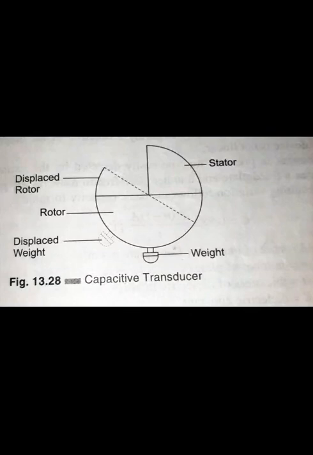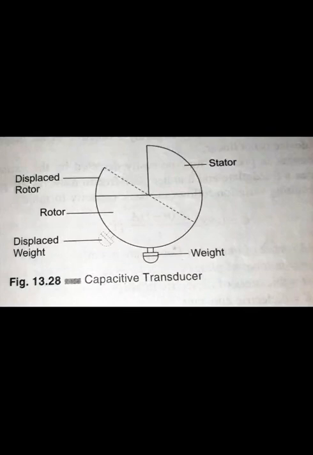The capacitance is given by C = KA/D, where K is the dielectric constant, A is the total area of the capacitor surface, D is the distance between the two capacitive surfaces, and C is the resultant capacitance.